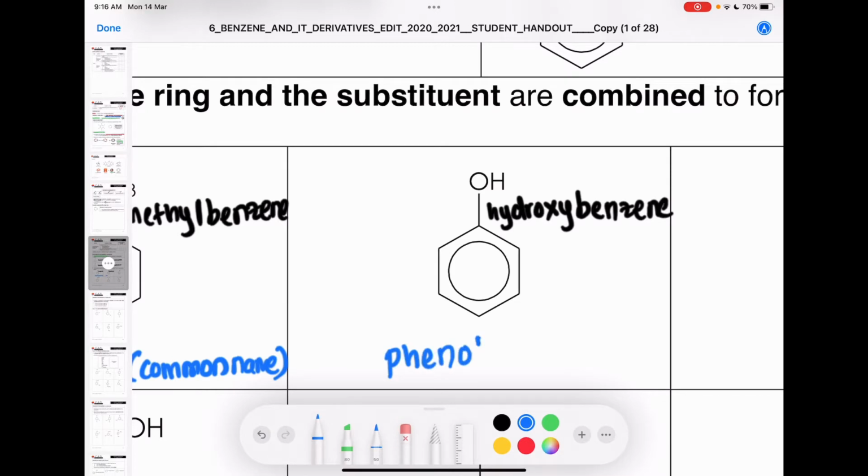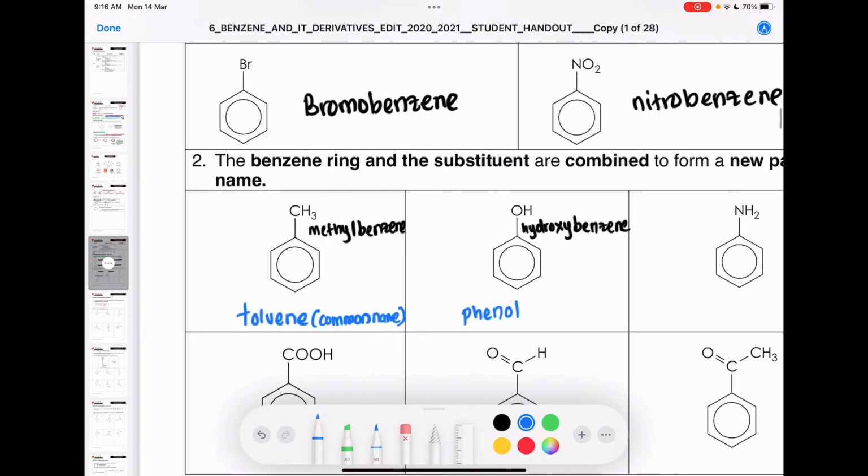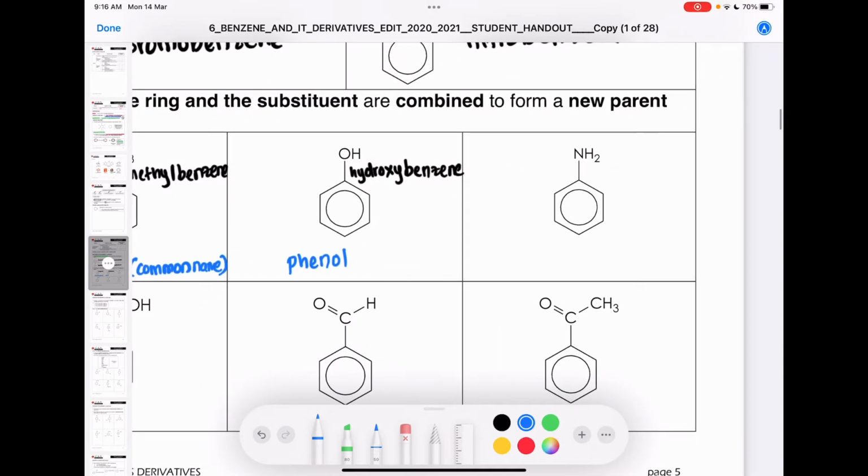I think you are familiar with this one because you have seen it before; I explained it to you in chapter 4. So we call this phenol. Now NH2 with benzene, we call it aniline.